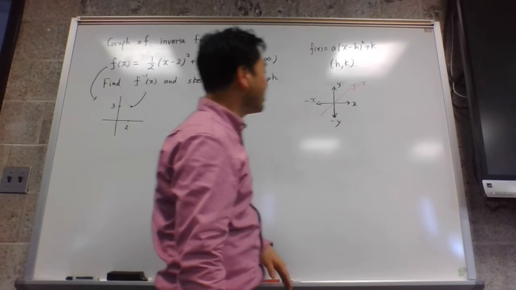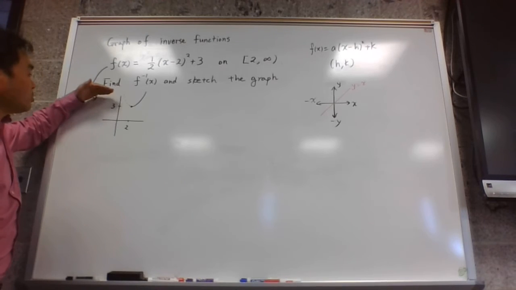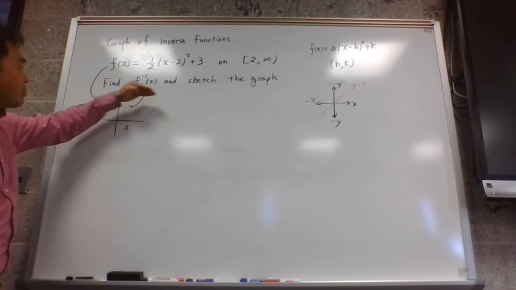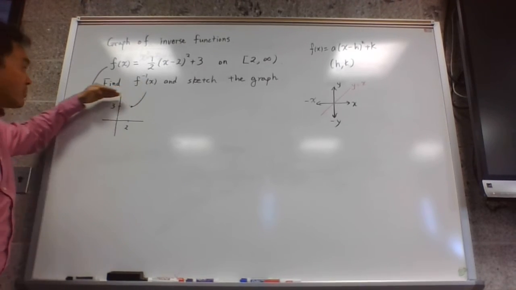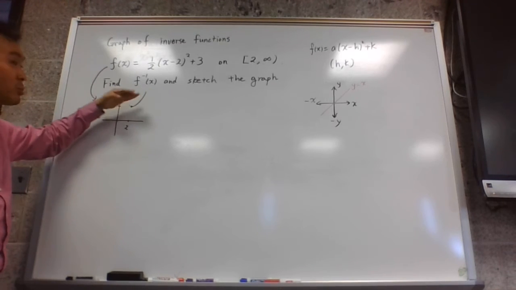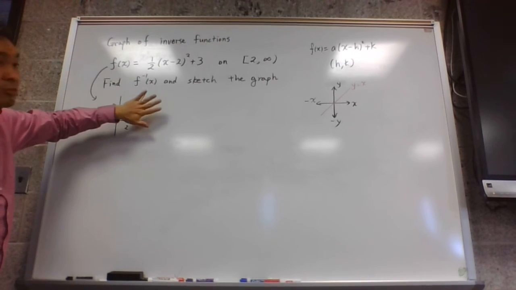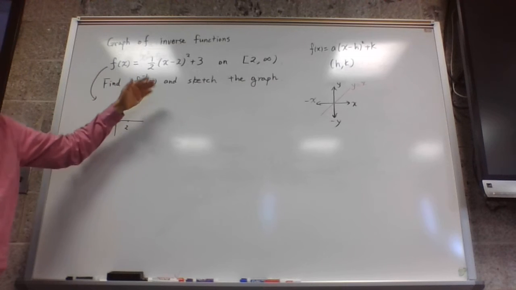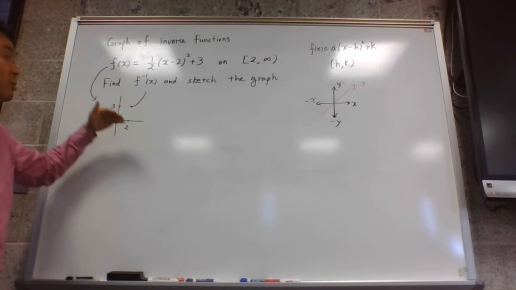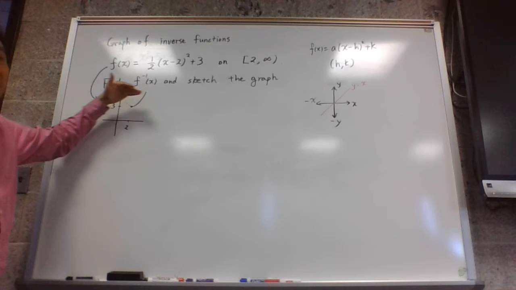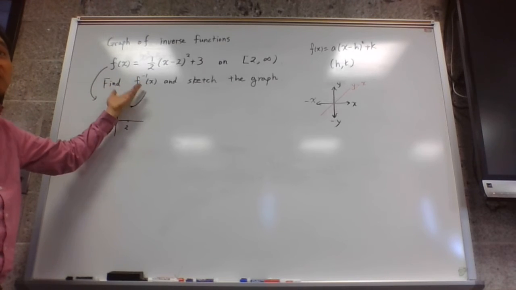And what that results in is, if you have something that does not pass the horizontal line test, if the horizontal line passes the graph twice, and then you flip over the diagonal, that horizontal line becomes a vertical line. So what the horizontal line test really is, it's a vertical line test done to the flipped one.